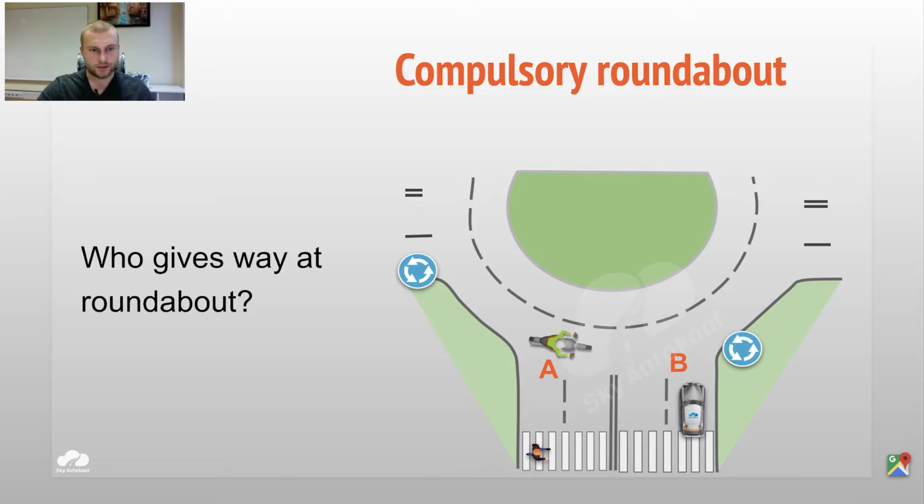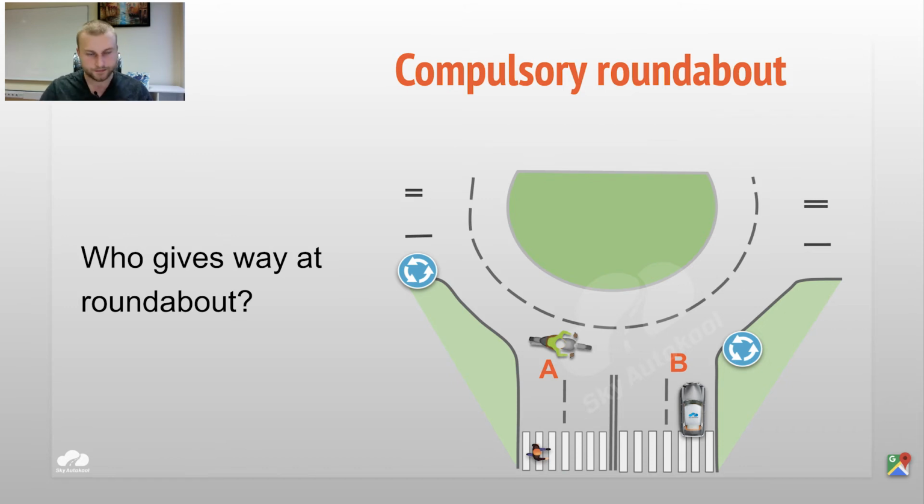Let's talk about roundabouts. Who gives way at the roundabout? Usually students answer me that the car who is about to enter the roundabout, this car has to give way.